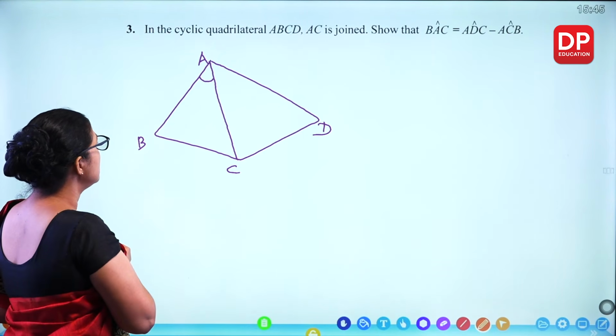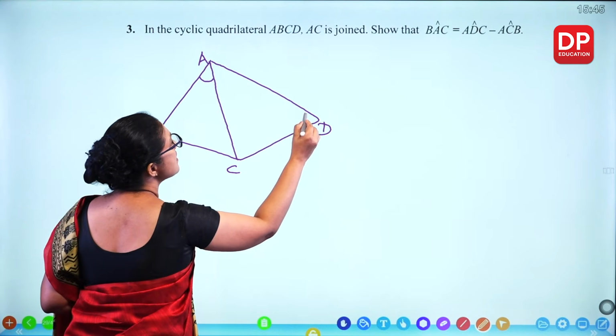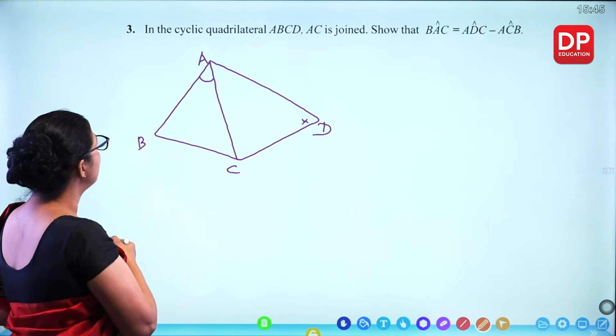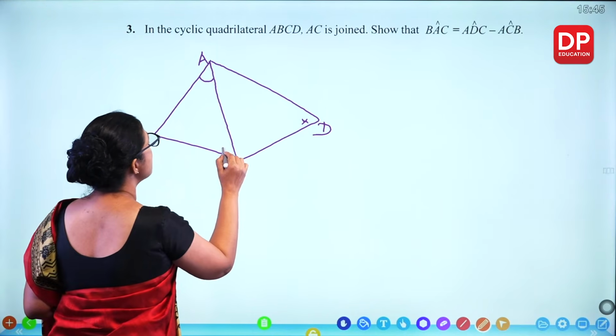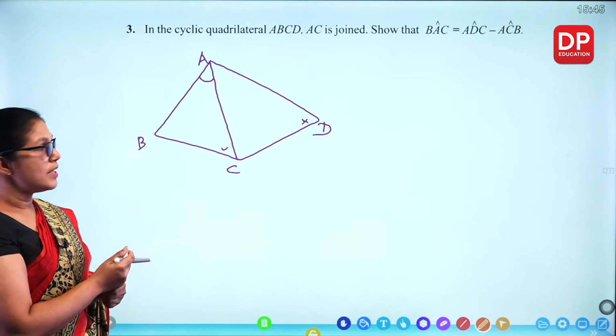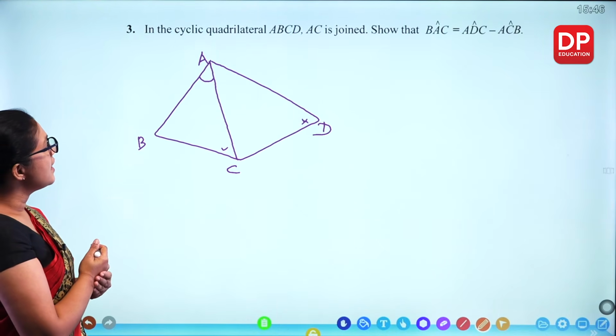ADC is this angle. ACB is this angle. So we need to find out the relationship between these three angles.